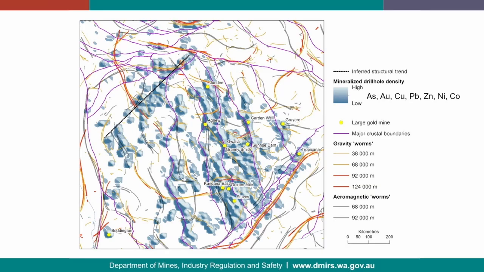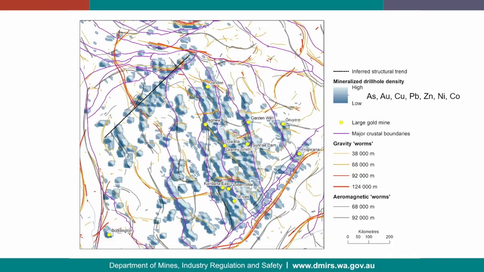And what we can see here is that they don't only correlate with the major crustal boundaries, but also there's a pretty good association with that northeast structural trend. And also, when you look closer, there's actually some associations with the individual deeper looking worms.